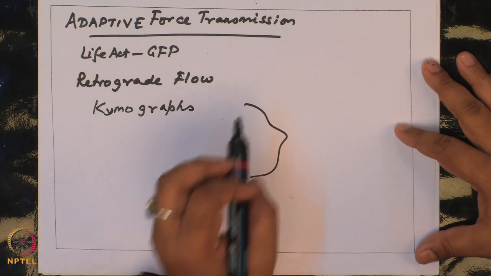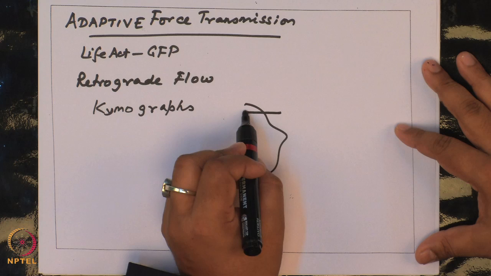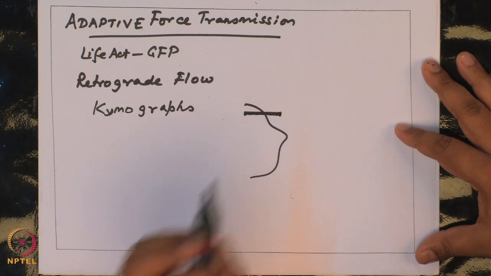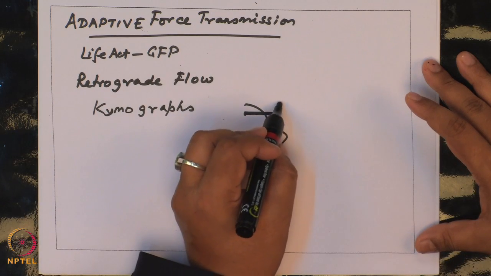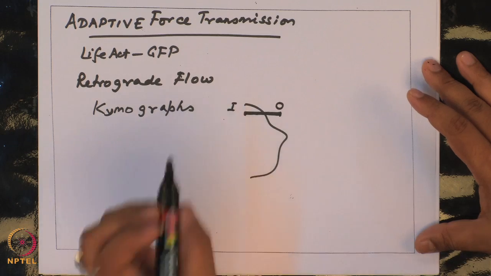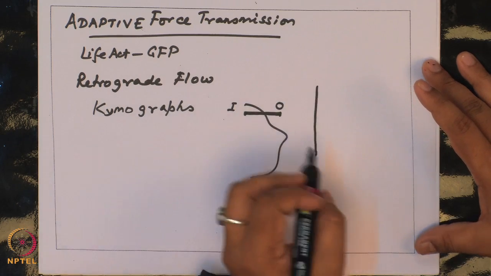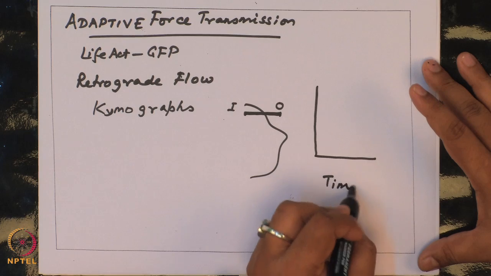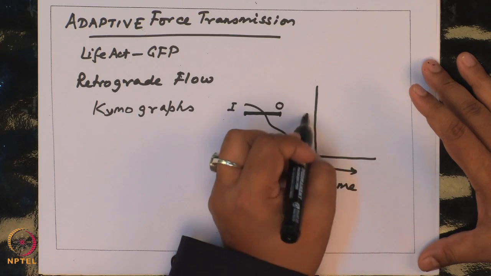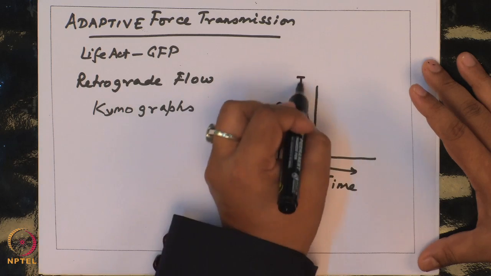You have a membrane, you draw a very small strip somewhere, and along the length, you have the outermost point and this is the innermost point. You track it over time. So, this is your time axis and this is your length. This is your outer point, this is your inner point.